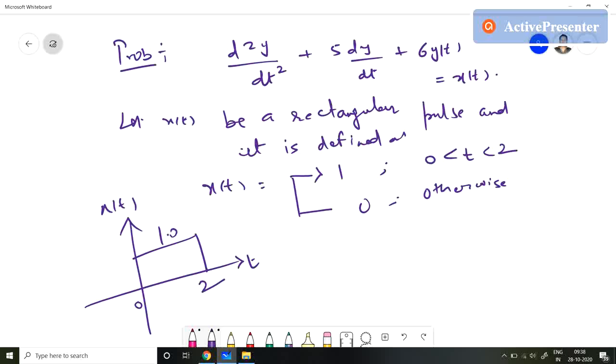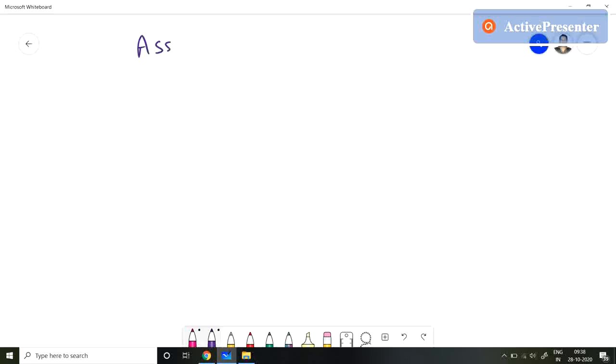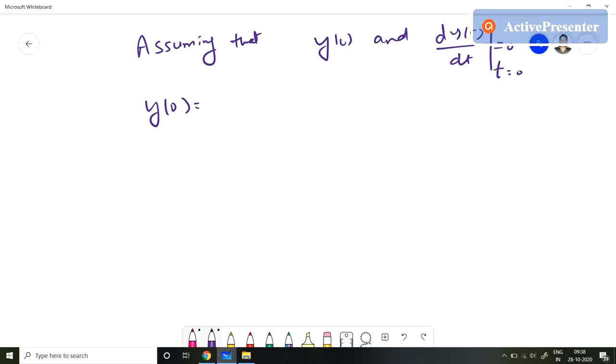And also assuming that y(0) is 0 and dy(t)/dt at t equal to 0 is 0. So basically y(0) is 0 and y'(0) is also 0. That is given in the question.